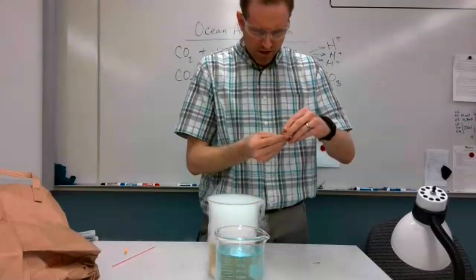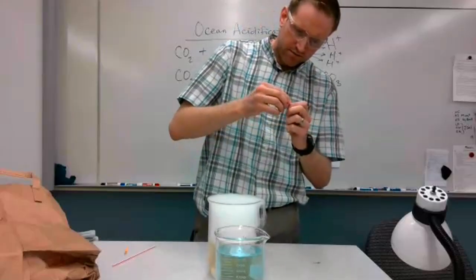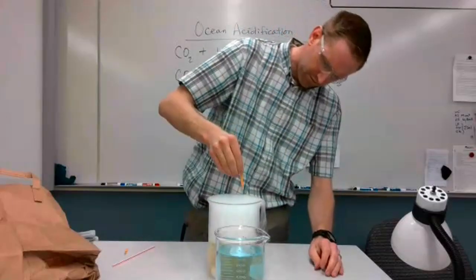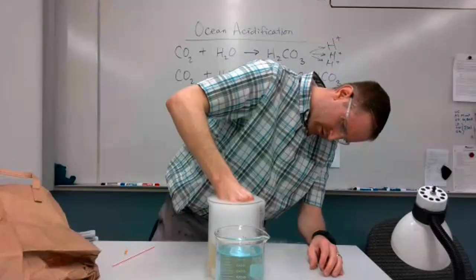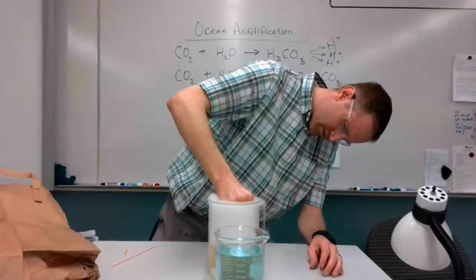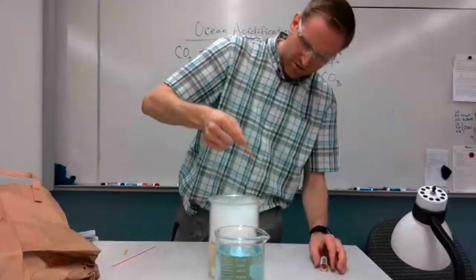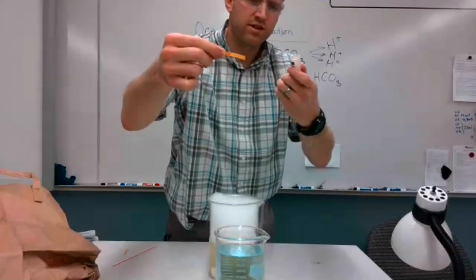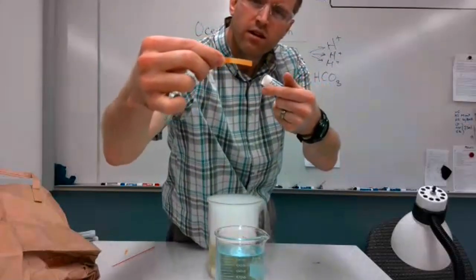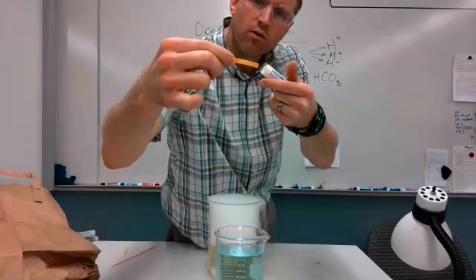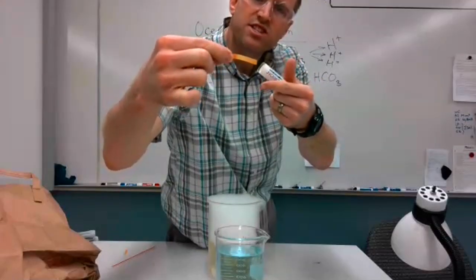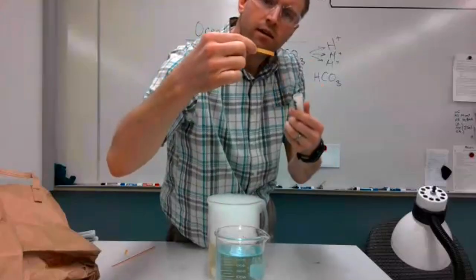Then I'll go ahead and take the pH of this. And we have a very solid orange there, or kind of an orangish yellow, and that's about a pH of 6 right there.